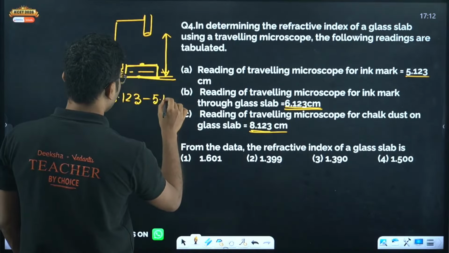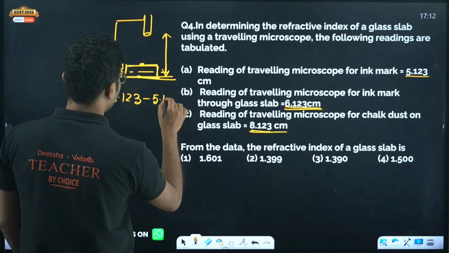Okay, now let's move on to the next question. In an experiment to determine the figure of merit of a galvanometer by half deflection method, again this is an experimental based question. There were 3 experimental based questions that came, 2 of them from PU2, 1 was PU1. In an experiment to determine the figure of merit of a galvanometer by half deflection method, a student constructed the following circuit.